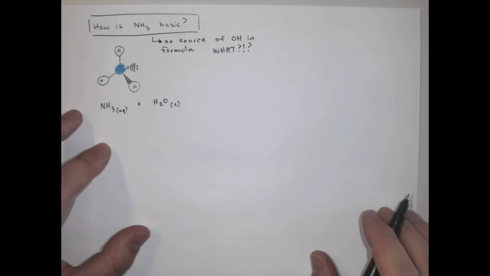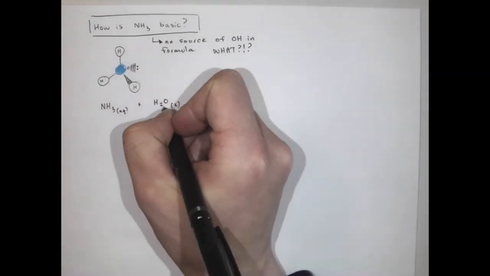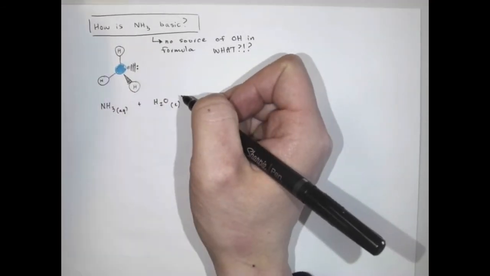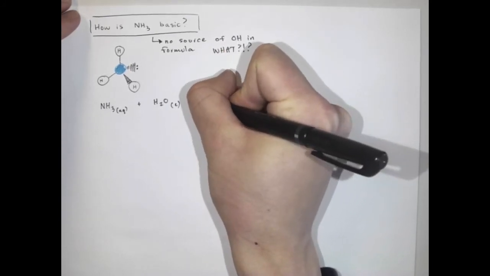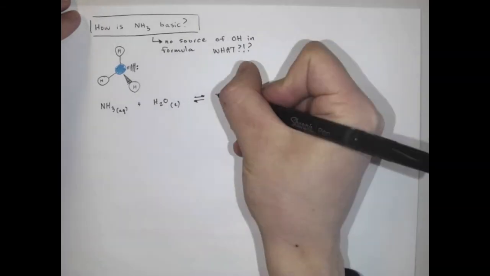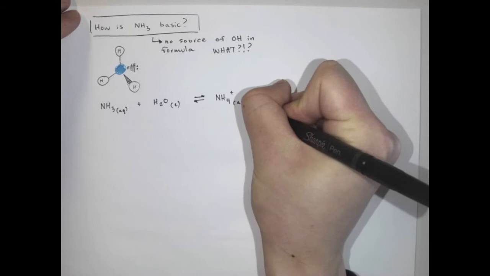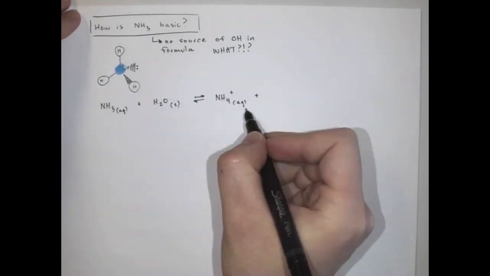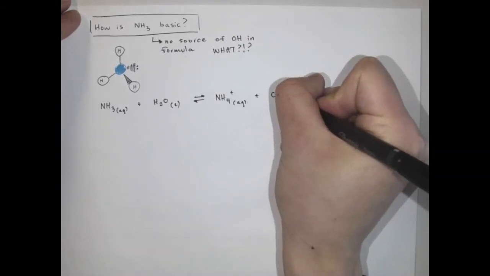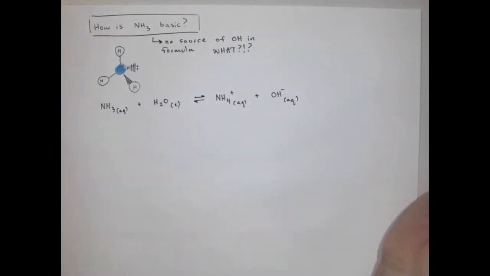So ammonia plus water. And what we actually see here is that ammonia actually reacts with water to form these two entities. First thing we make is ammonium, and the second thing we make is the hydroxide ion.